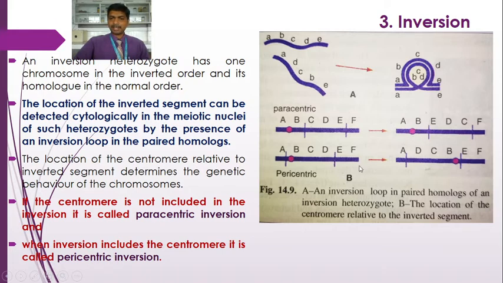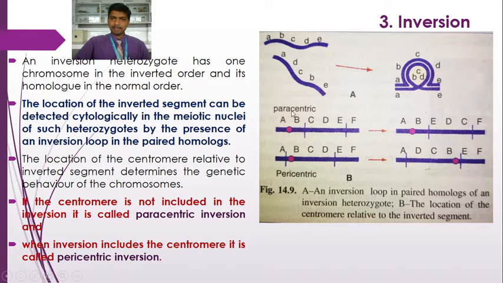But in the other type, a break occurs between A and B, where the centromere is positioned, and another break occurs between D and E. So this broken piece is reinserted in reverse order, where the centromere is included in the inversion, so it is called pericentric inversion.